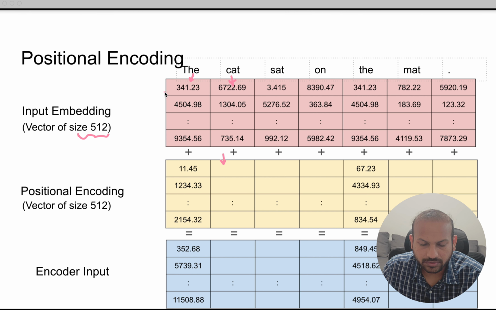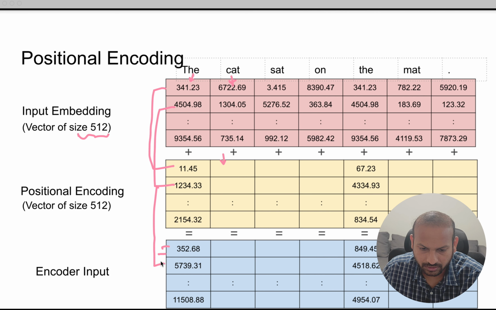So we sum these vectors together. So this number is added with this to get this number. Similarly, this gets added with this to get this number. So input embedding and positional encoding are added together as the encoder input.